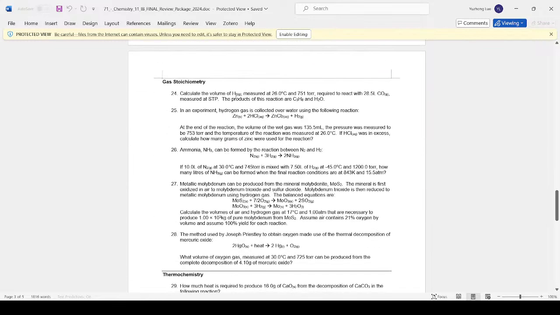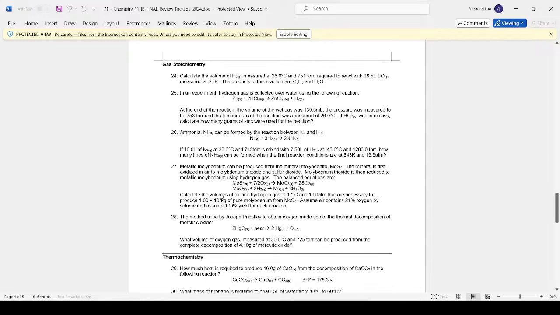Gas stoichiometry, volume, can be formed by the reaction between N2 and H2. Equations.